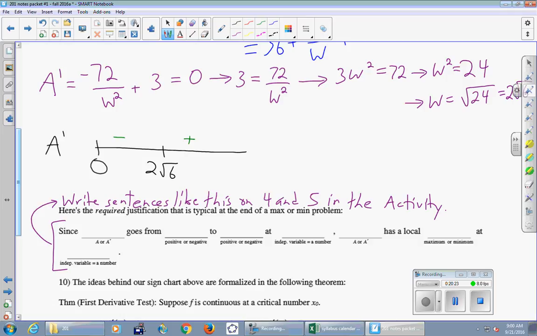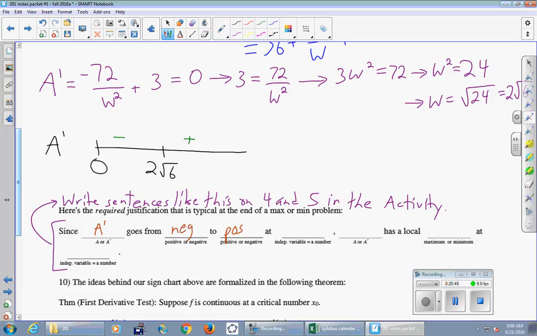Since either A or A prime goes from positive or negative to positive or negative, A or A prime, what was the thing we did the sign test on? Was A prime. Got to put the right thing in there. Since A prime goes from, okay, so on the left-hand side it was negative. On the right-hand side it was positive.